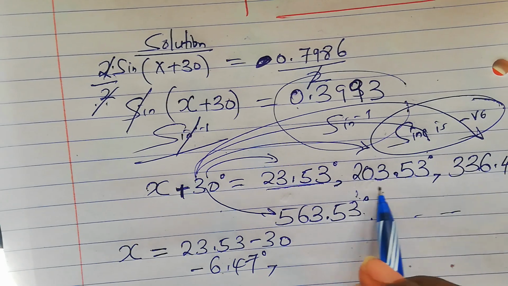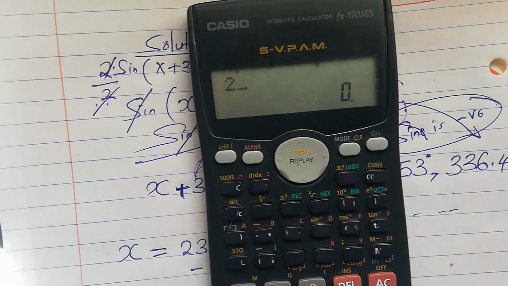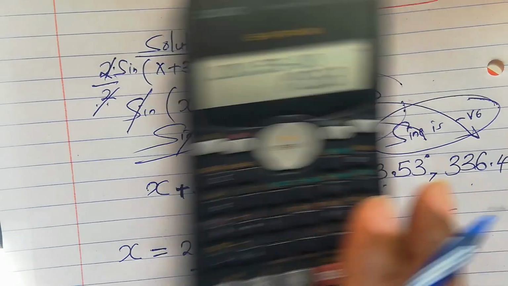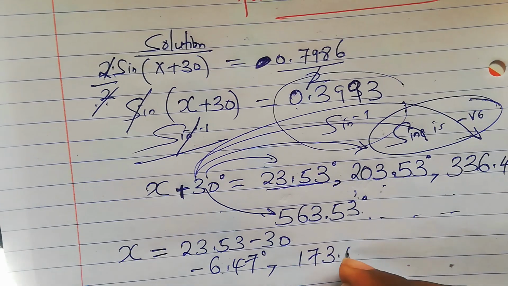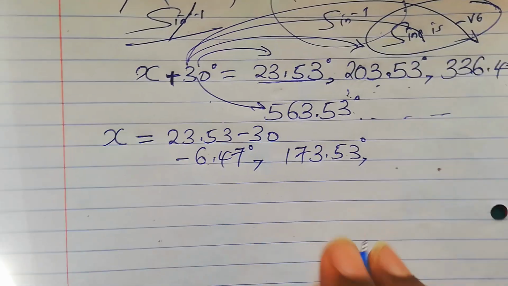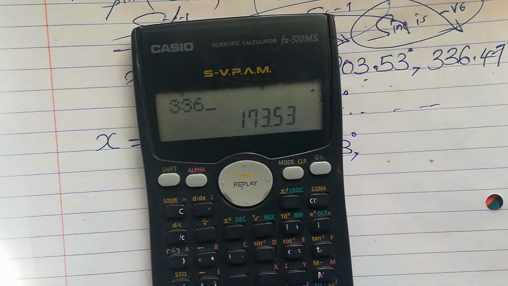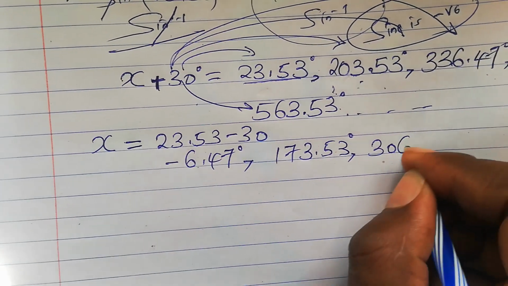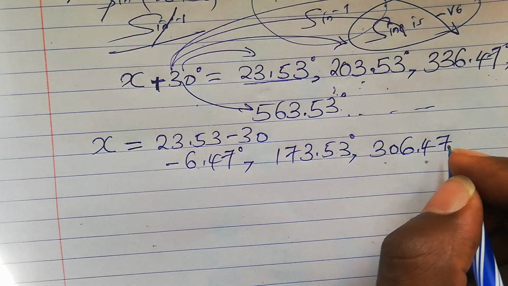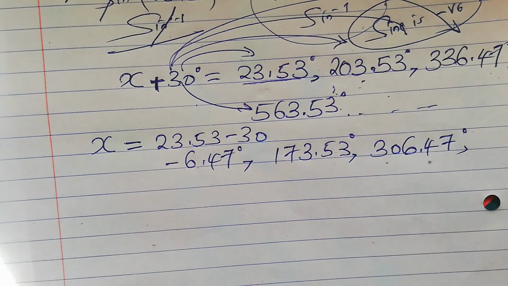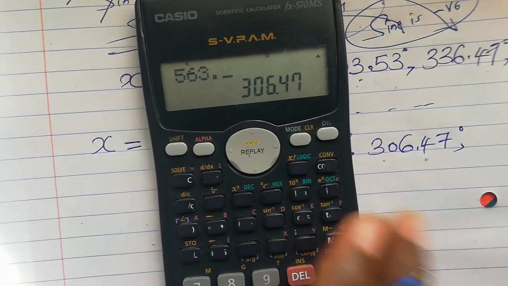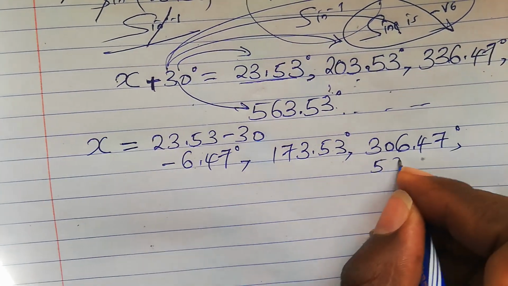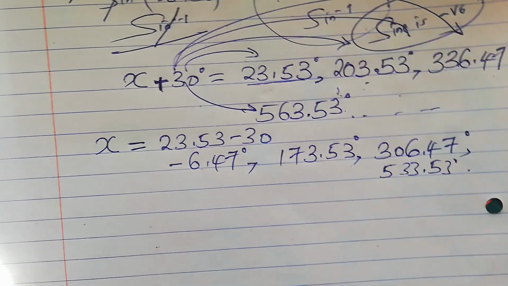Put a comma. 203.53 minus 30, you get 173.53 degrees. 336.47 minus 30, you get 306.47 degrees. Make good use of your calculator. Then the last one, 563.53 minus 30 gives you 533.53 degrees.